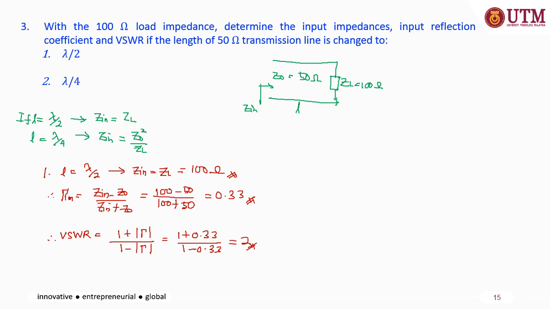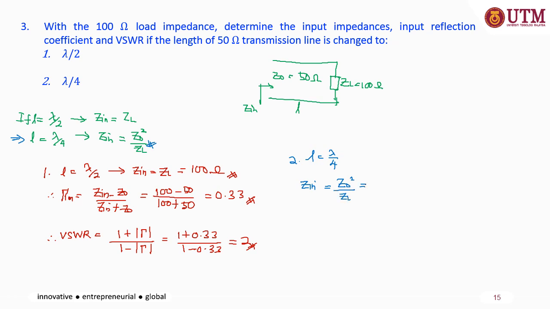Okay, same goes to the second condition when L is equal to lambda over 4, but you need to make sure that you know the condition. What happened to Zin when L equal to lambda over 4? As discussed earlier, the second condition, when L equal to lambda over 4, your Zin will be equal to Z0 squared divided by ZL.